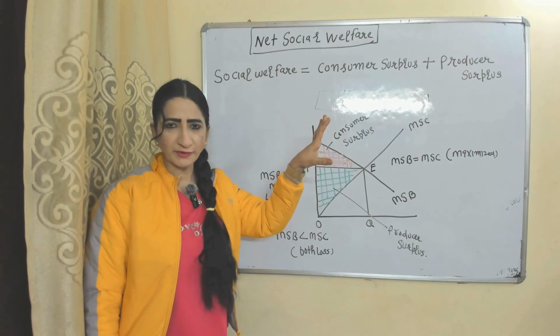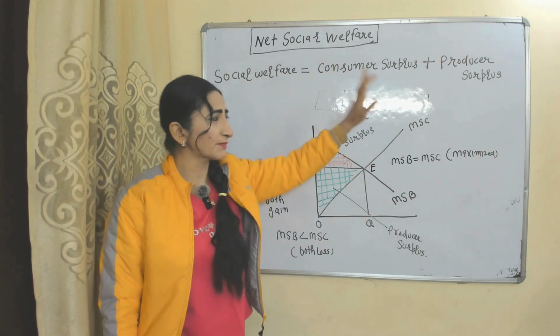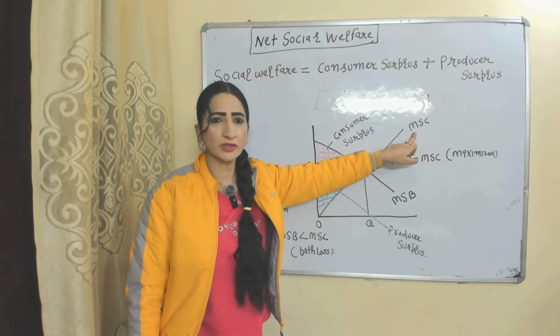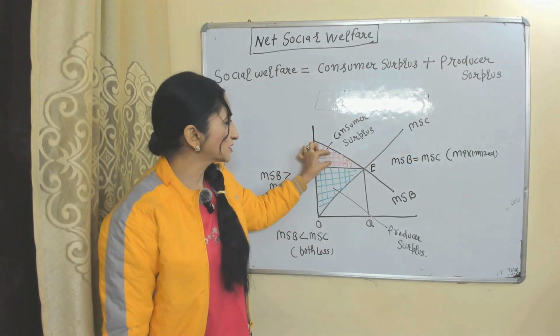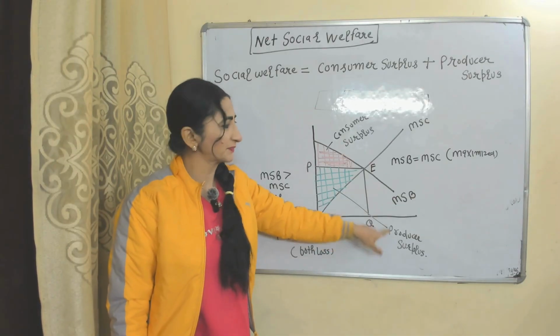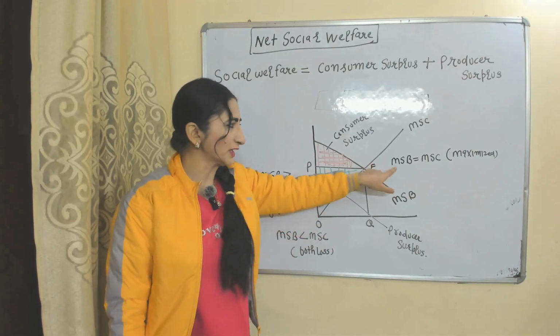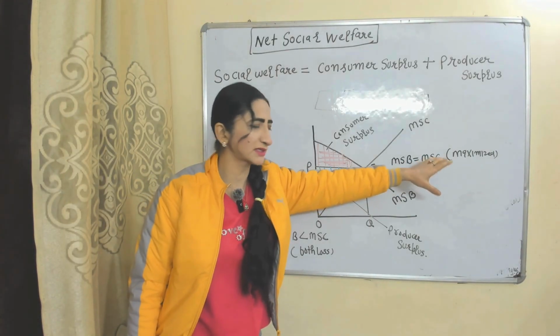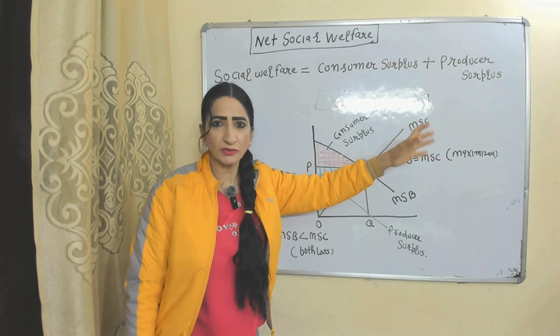Net social welfare from a project equals consumer surplus plus producer surplus. Marginal social benefit, marginal social cost. This part belongs to consumer surplus, this part belongs to producer surplus. The equilibrium point is where marginal social benefit equals marginal social cost, which maximizes consumer and producer surplus.